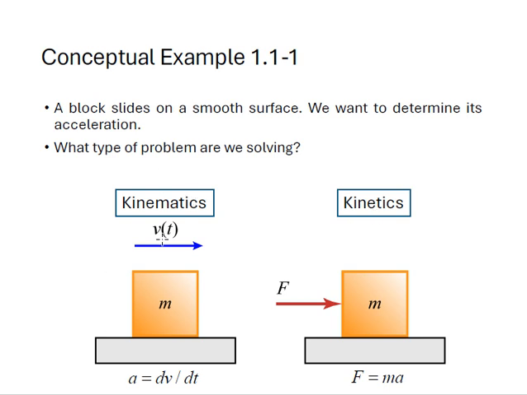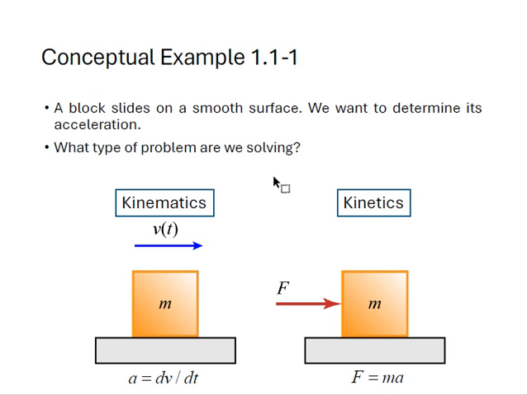In kinematics, we're just describing the motion, like your velocity and acceleration, and we pay attention to how we look at the speed and the acceleration. Differentiation, mathematically, is a function of time here. And that's the foundation of your dynamics.